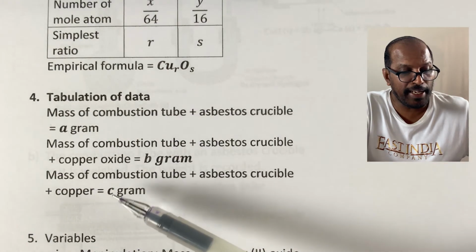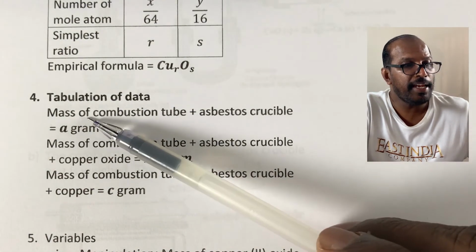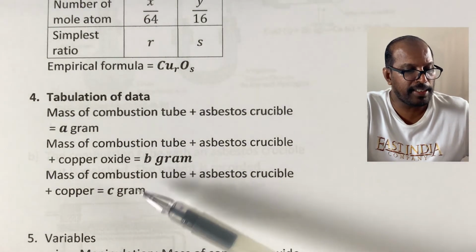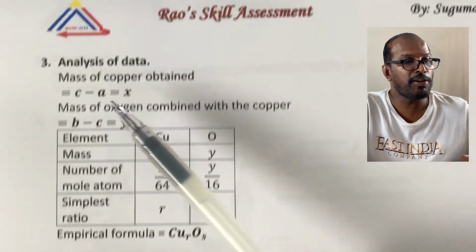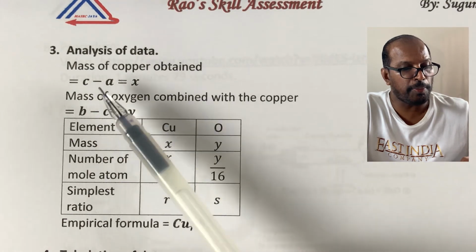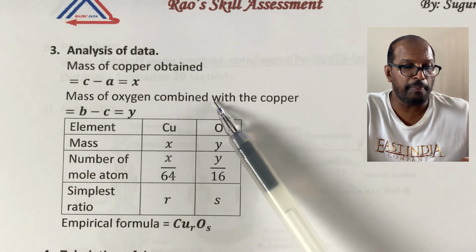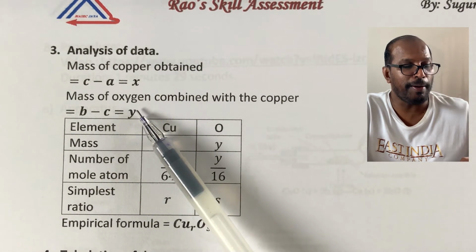That means if I take C minus A, I will get the mass of copper. If I take B minus C, I'll get the mass of oxygen. That's why the mass of copper here is obtained by C minus A, which is X gram, and the mass of oxygen combined with the copper will be B minus C, which is Y gram.